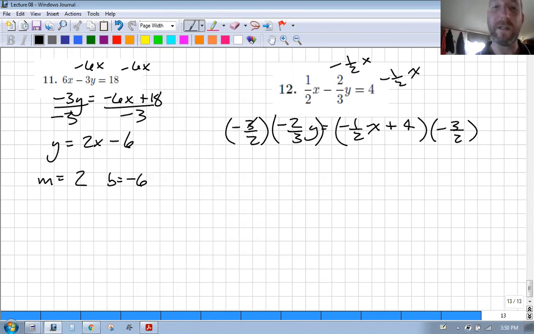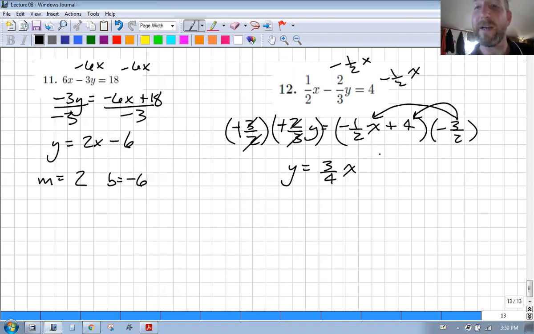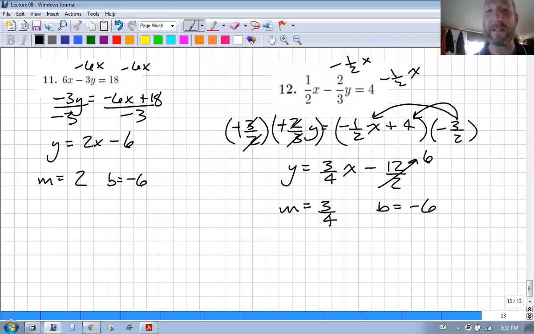So that goes away, and those cancel. Gives us y equals. We multiply this times this, we get a negative make a positive 3/4 x. -3/2 times a positive 4 would be 12/2, which is just 6, right? So our m here is 3/4. Our b here is a -6.